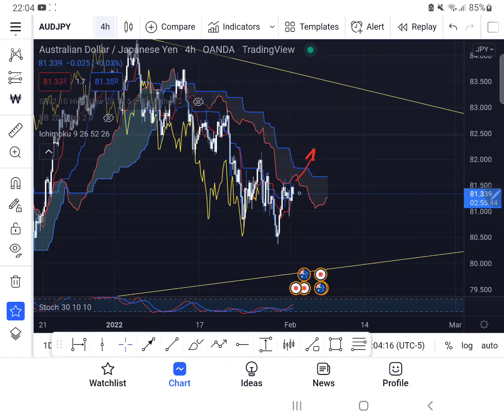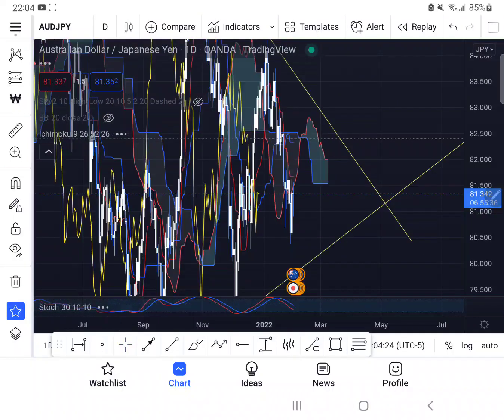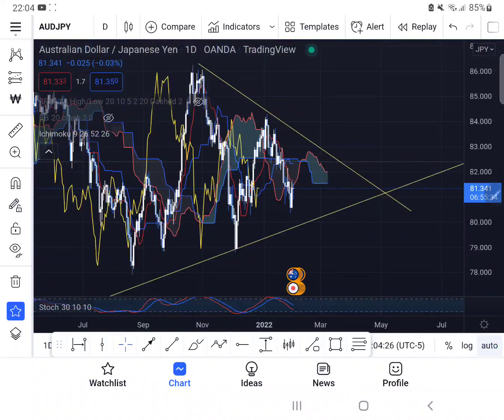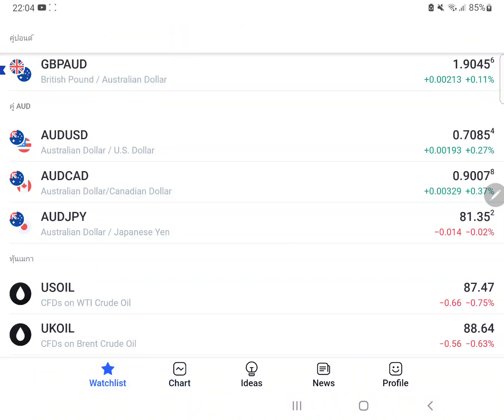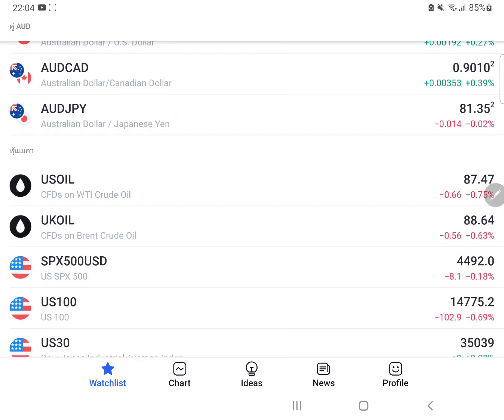It can break, or it's fresh, or it's moving alongside the daily time frame. We can't tell, so lots of these AUD pairs are very hard to call for now.